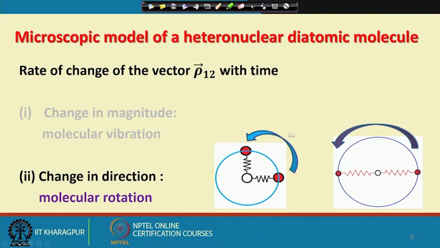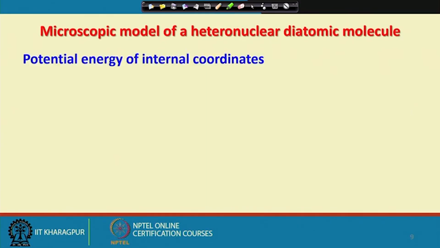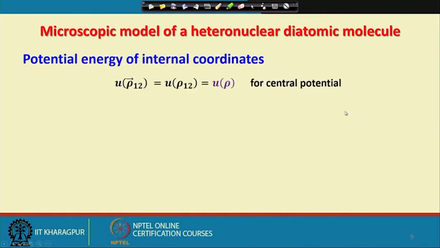Okay? This is because of the separation in the energy scales that we have already seen. Therefore, under such conditions, the microscopic model of a heteronuclear diatomic molecule requires us to examine the potential energy of the internal coordinates as well.